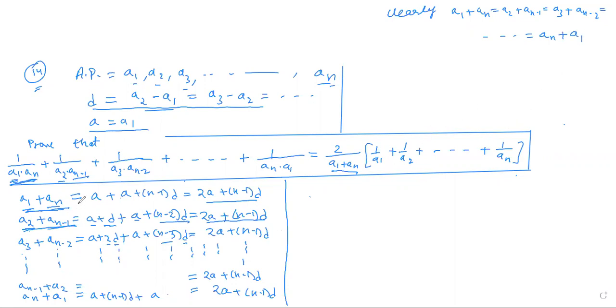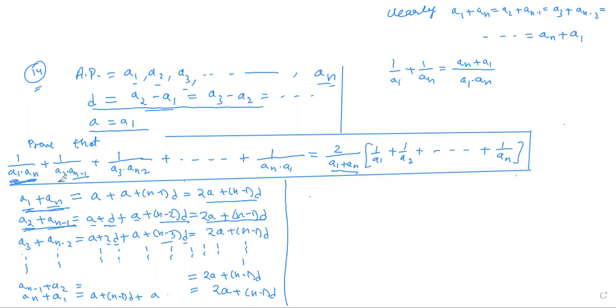And we have to bring A1 and An both in the denominator. You can do this thing in rough also. If we add 1 by A1 plus 1 by An, what will we get in the denominator? We get A1 into An. And in the numerator, we get An plus A1.